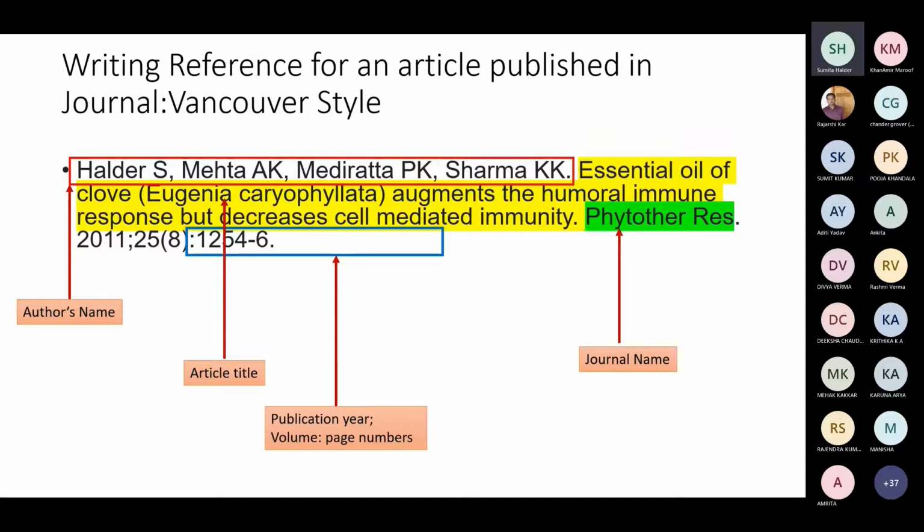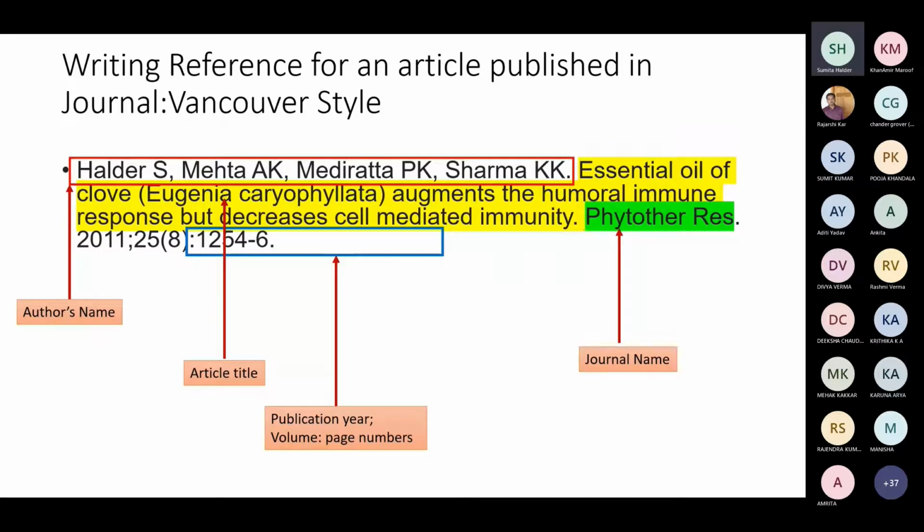So these are the parts, and this is very specific for the Vancouver style. First, you write the surname of the author, followed by the initials. Then the second author, which is followed by a comma, and this ends in a full stop.